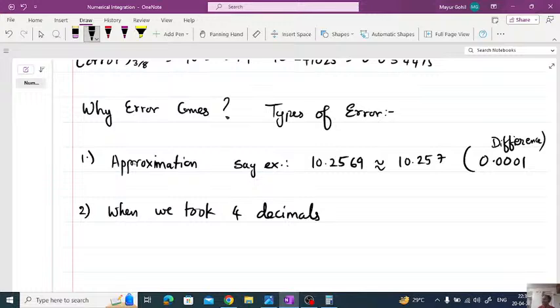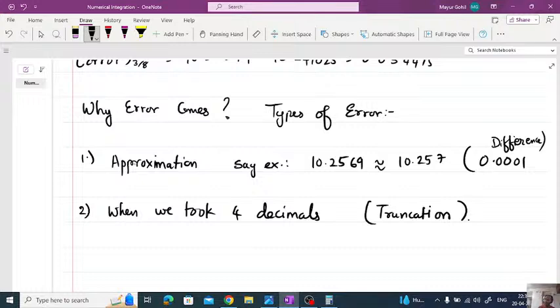Otherwise, if you take 8, 9 decimals, then your answer will be much more accurate, much nearer, much better. When we took four decimals, your answer got truncated. So approximation error, truncation error is there.